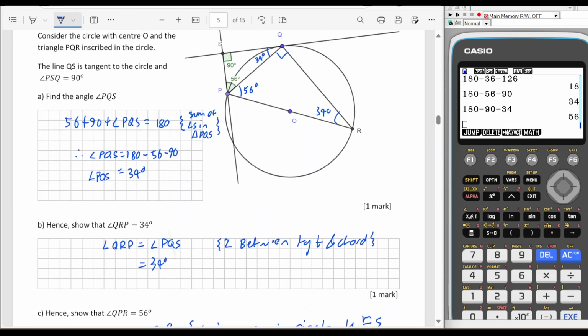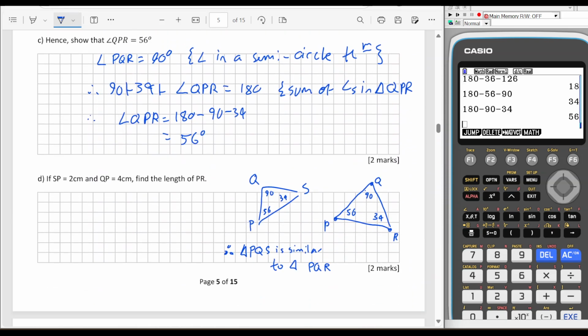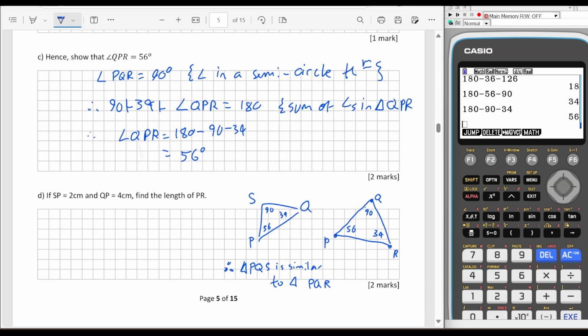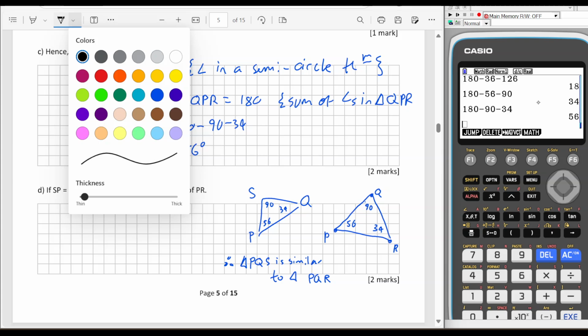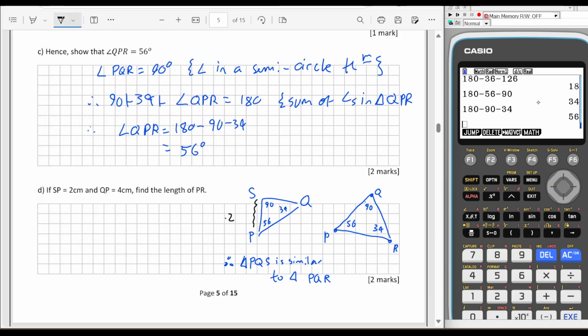Yes, I've got those the wrong way around in the first one. Q should be up there. I was second guessing myself there. All right, SP should be 2. So we've got this length here is 2 centimeters, and it said that QP is 4. So this length here is 4 centimeters, and also this length here is 4 centimeters.